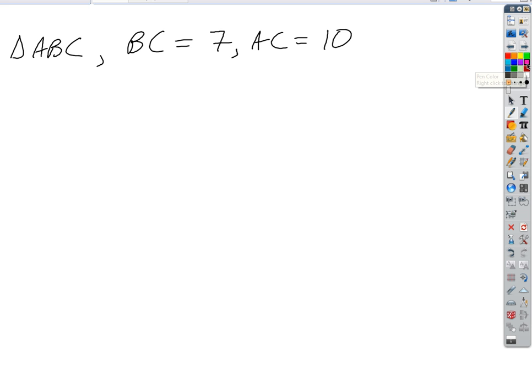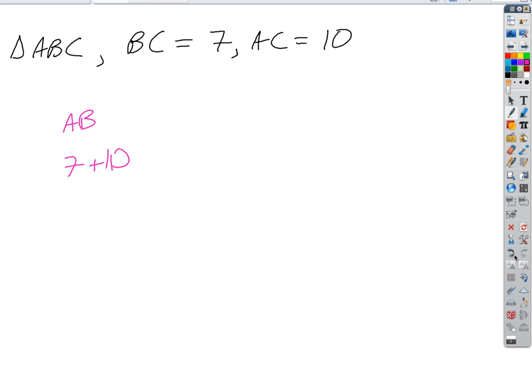Alec, if AB is the longest side, what can you tell me? AB has to be what compared to the other two sides? What do you think? Or another way of saying it would be the other two sides, 7 plus 10.